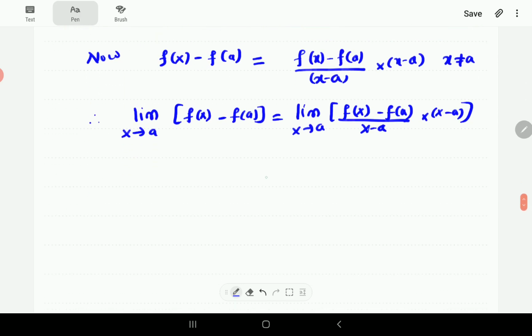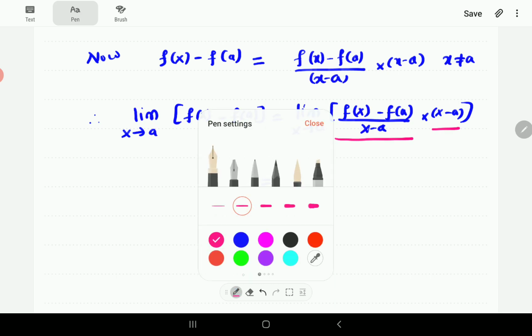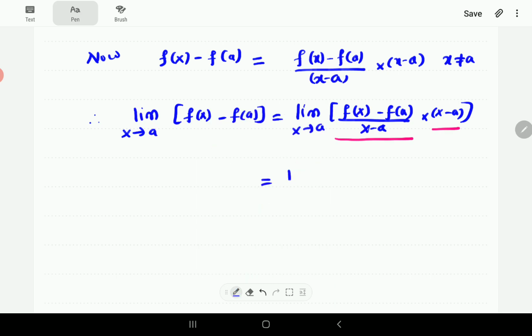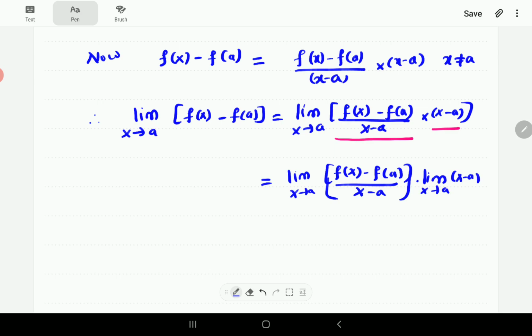Now I can separate the limit. If I consider this as one function and this as another function, the limit of the product can be written as separate limits. So by using that property, I'll write this as the limit of f of x minus f of a divided by x minus a as x is tending to a, times the limit of x minus a as x tending to a.